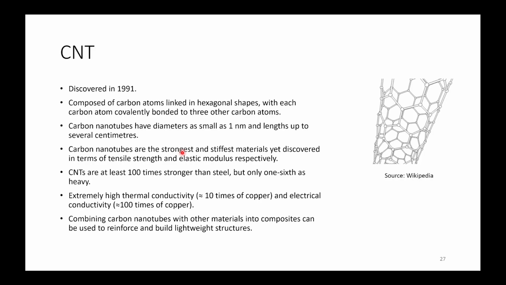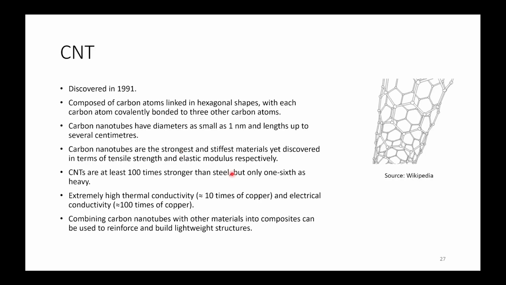They are at least 100 times stronger than steel but only 1/6 as heavy. So they have very high specific strength, and also extremely high thermal conductivity, which is 10 times that of copper, and electrical conductivity is 100 times that of copper.